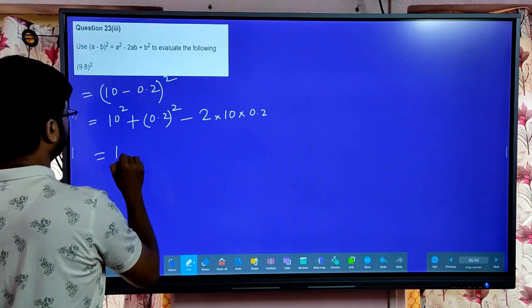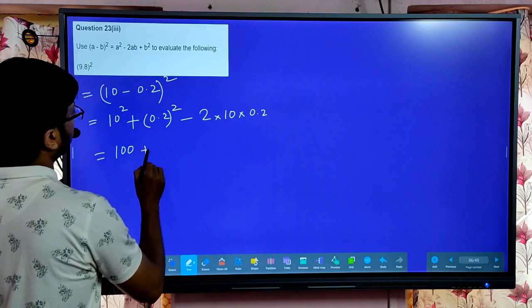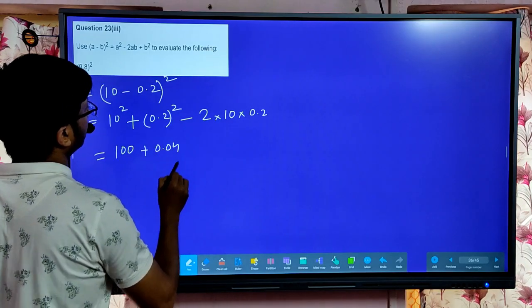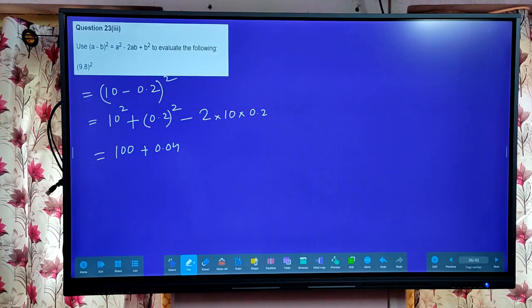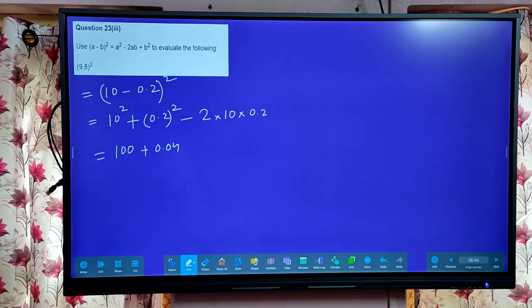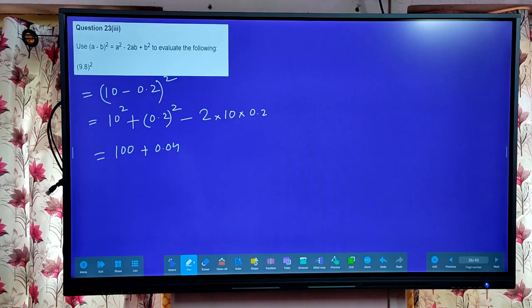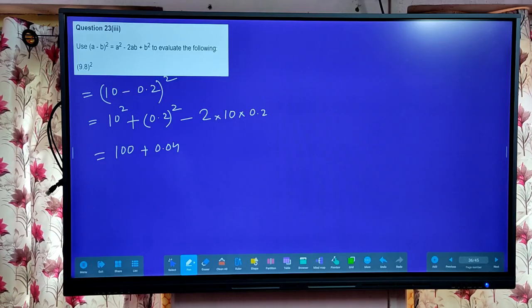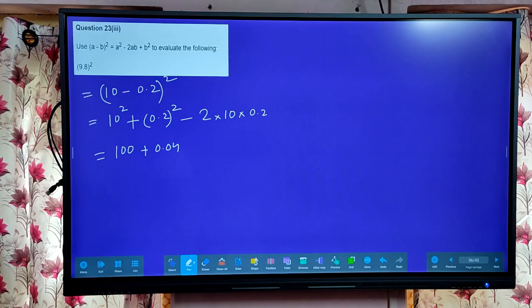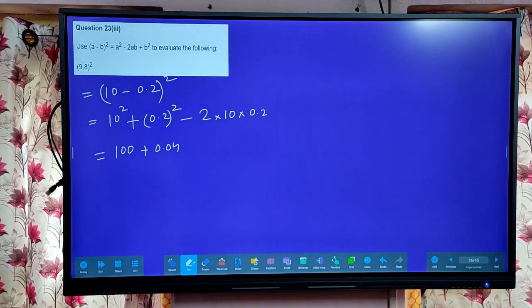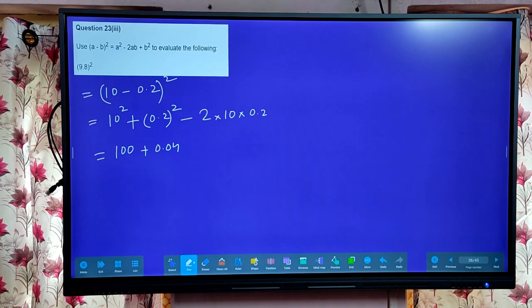It will be 100. It will be 0.04. So next, what you do yourself? 10 into 0.2 is how much? 2.